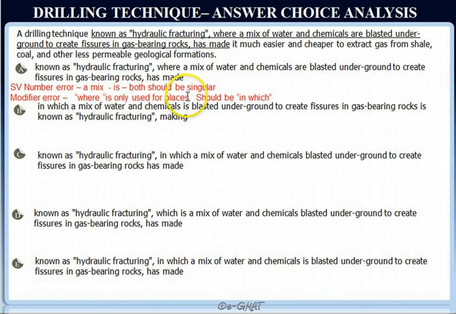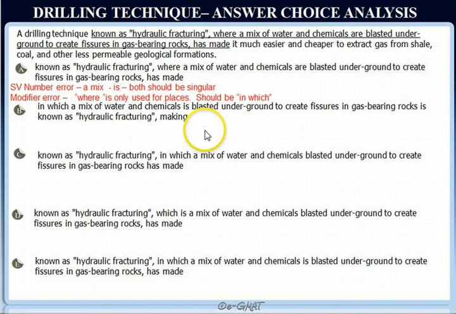So, in which a mix of water and chemicals is blasted underground to create fissures in gas-bearing rocks is known as hydraulic fracturing, making it much easier and cheaper to extract gas from shale, coal, and so on. Okay, so grammatically this sentence does not appear to have any errors.